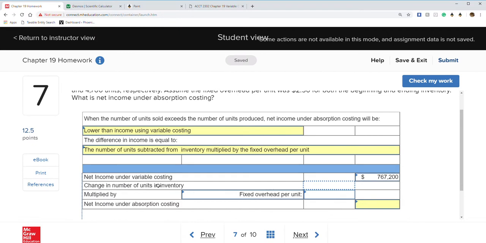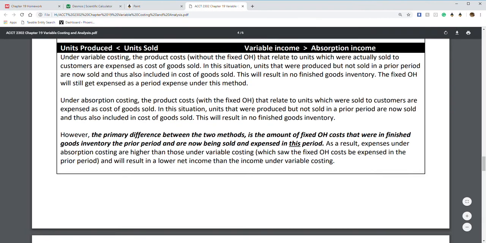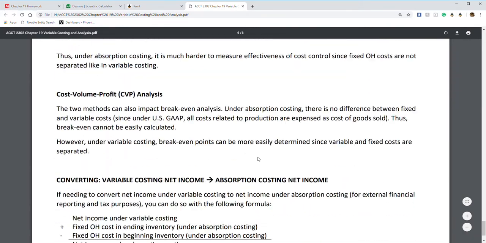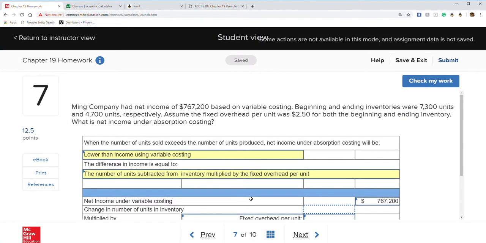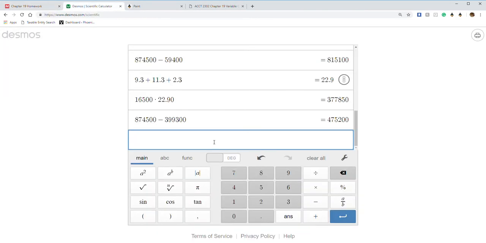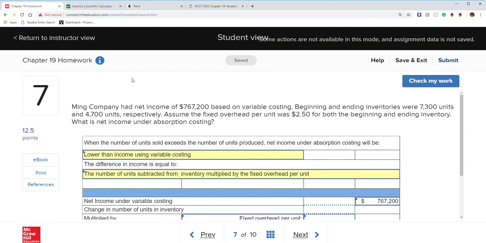And now it wants the change in the number of units in inventory. So again, what we're doing now is what is right here at the bottom. So our change in itself is 7,300 minus 4,700. Or which one was the beginning? Find the beginning.